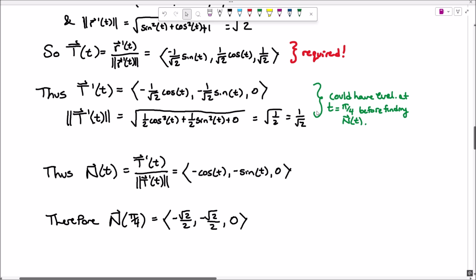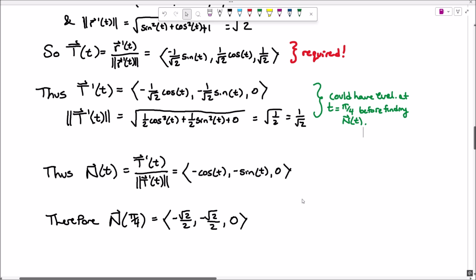So you can choose the approach that you want here. Here I went through the full steps to find the general N of t and then evaluate it, but I also could have found it, much like I did back in example 1, where I found the T of t by just evaluating the r prime and its norm at a specific point in time.